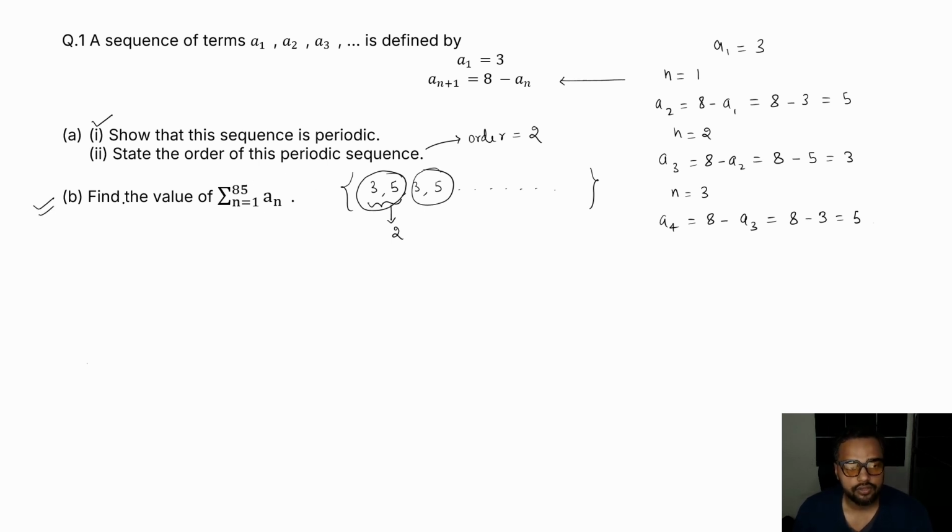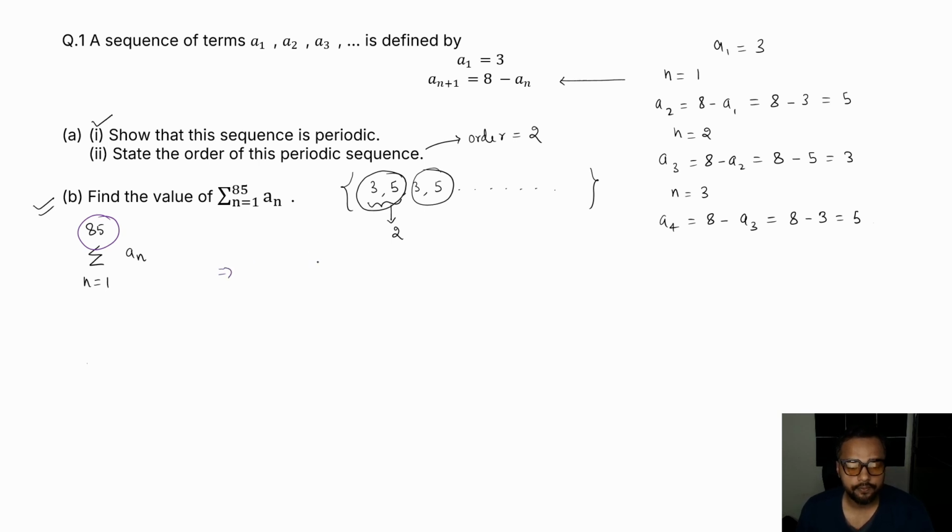Now the major question is, find the value of sigma notation n equals 1 to 85 of an. Now if I look at the sigma notation n equals 1 to 85 of an, think for this 85 terms, how we need to calculate.